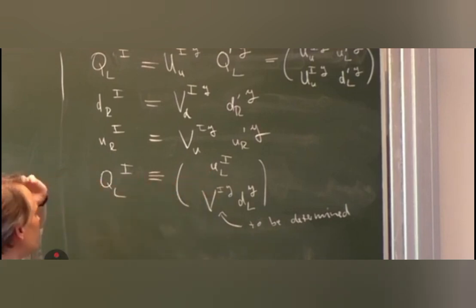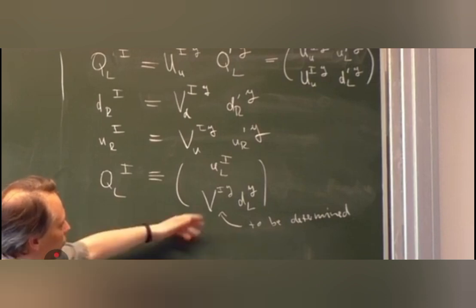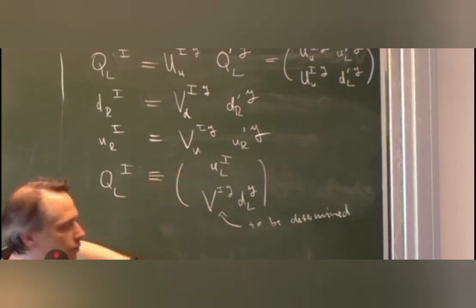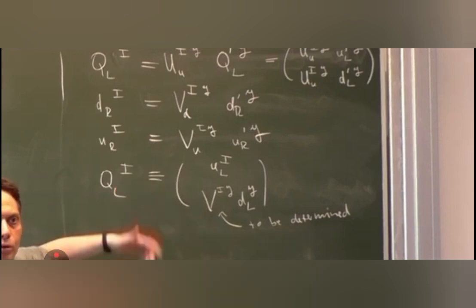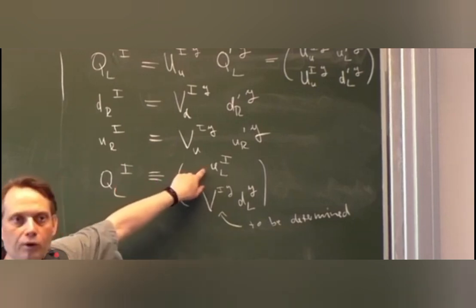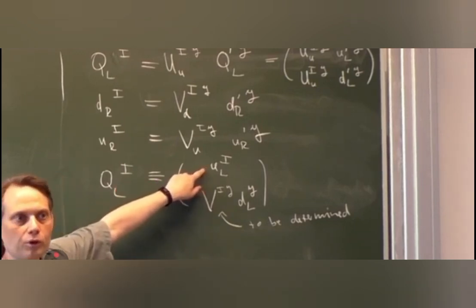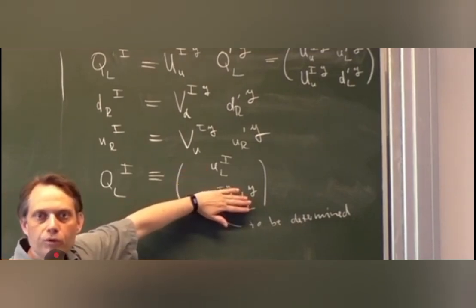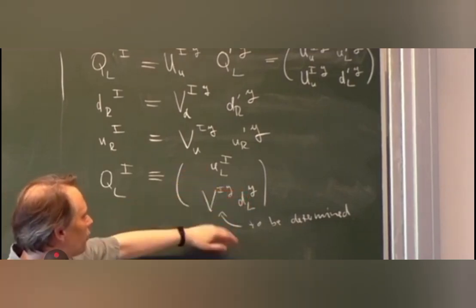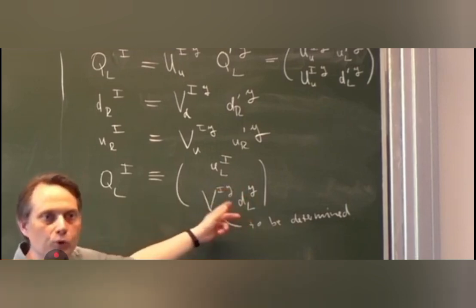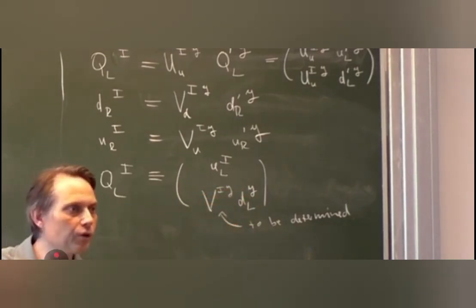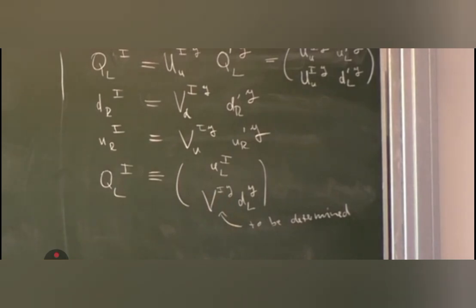And in the left-handed doublet we have a problem because we cannot simultaneously diagonalize the up quark and the down quark sector, and we have made a conventional choice that we started with the up quark sector that is diagonalized, and we ignore for the first time the down sector, and then we introduce some notation for the down sector which still is general, and now we have to optimize that last remaining part.